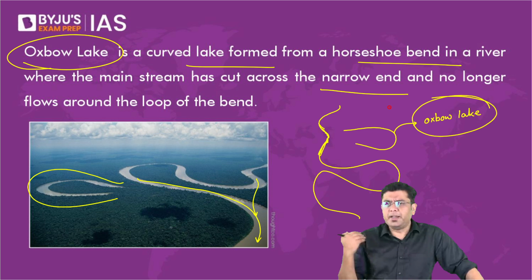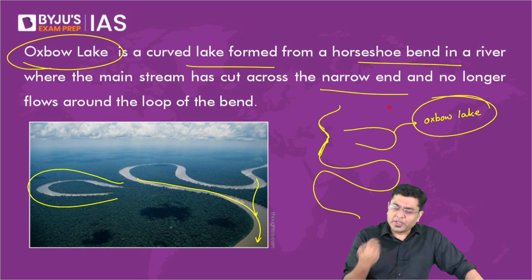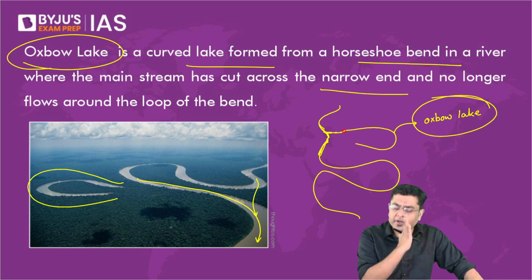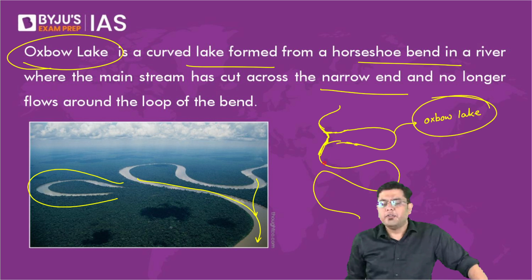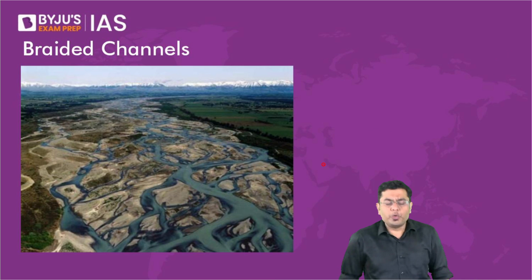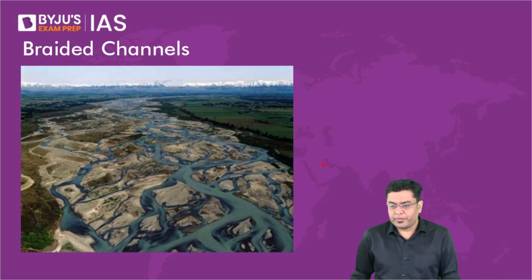Oxbow lakes generally dry up, but during the rainy season, you will have enough water in the river to form that linkage again. Again, during the dry season, its connectivity will be cut off. So that is basically the formation of meander and oxbow lake. Then we have what we refer to as the braided channels.